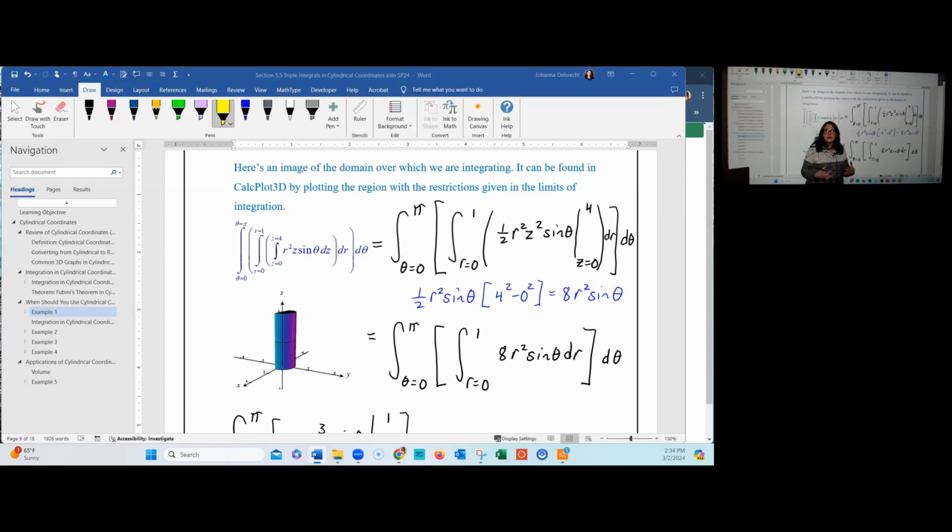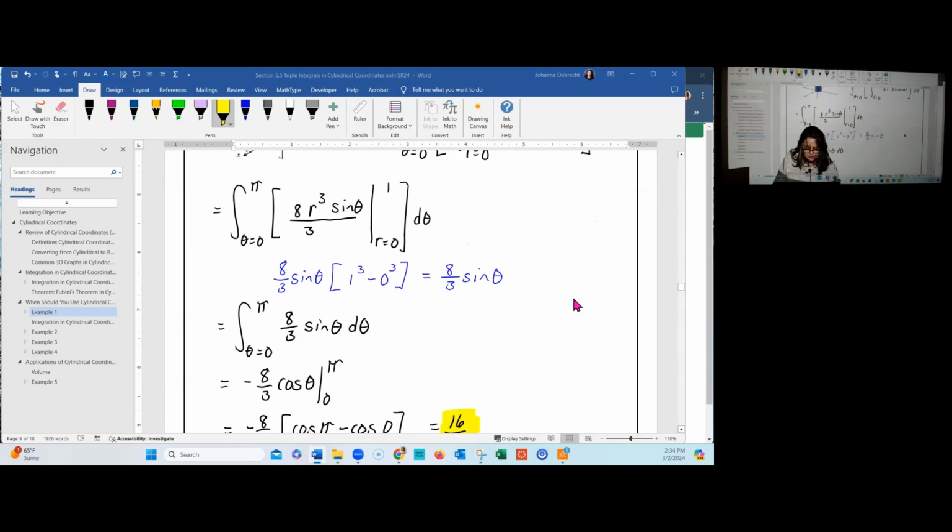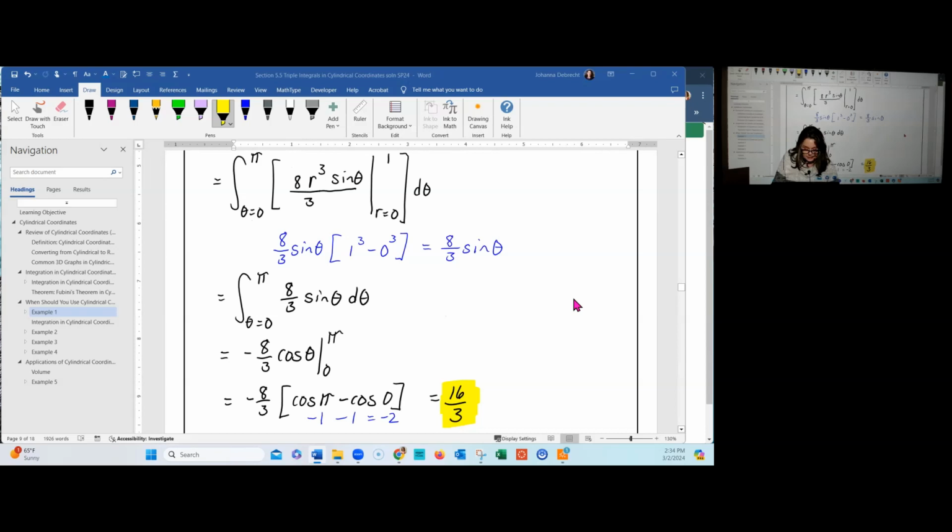In this sense, I know that in the future, I'm going to want to integrate with respect to z, then r, then theta. So I'm just making it my habit. When I integrate r squared with respect to r, I get r cubed divided by 3 multiplied by the 8 sine theta. I evaluate this between r equals 0 and 1 to come up with 8/3 sine theta.